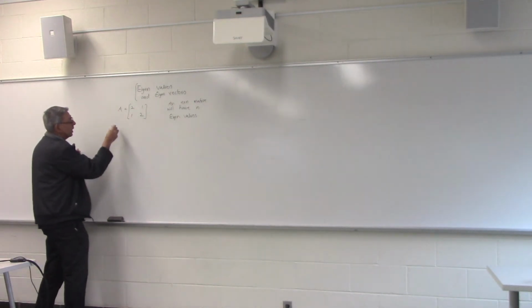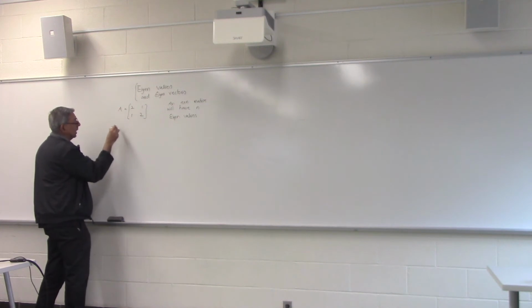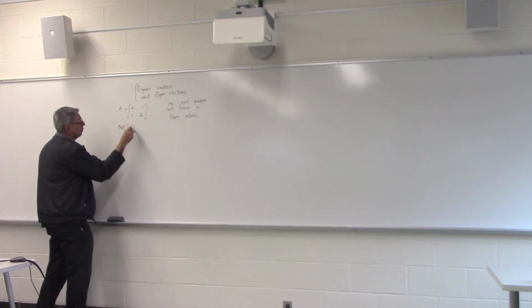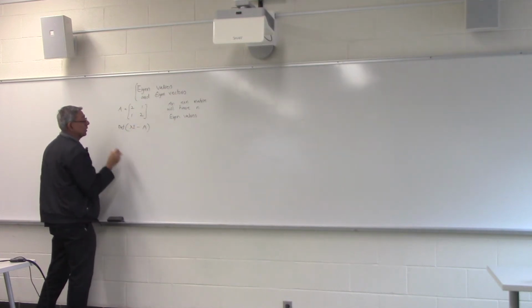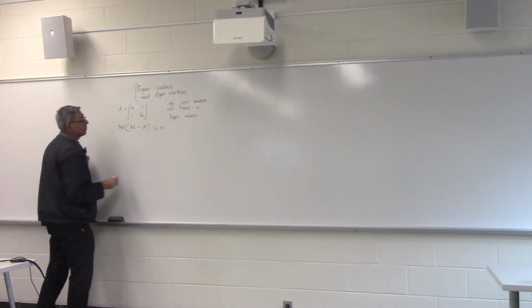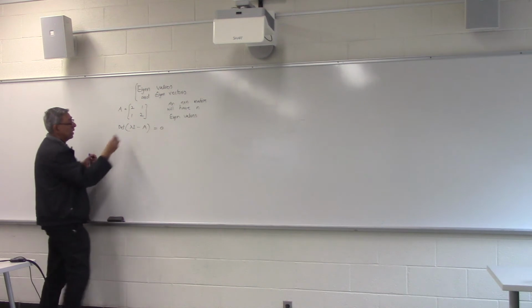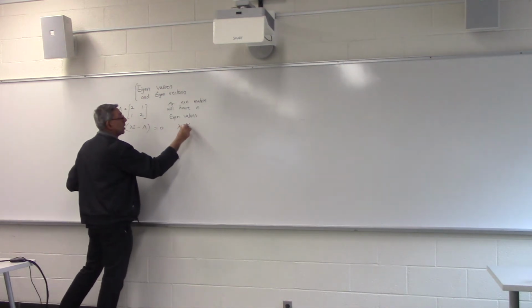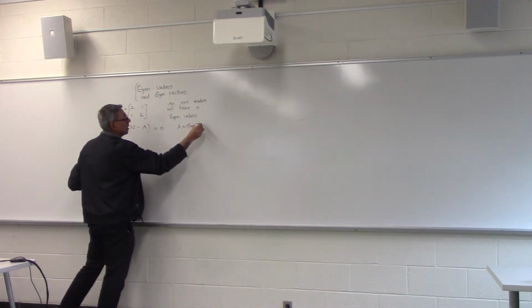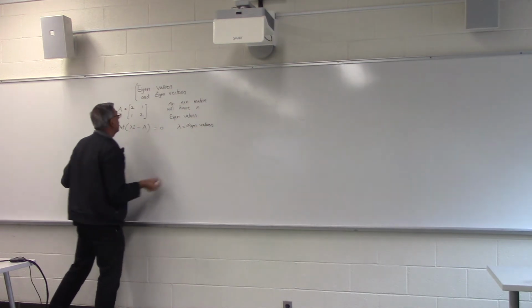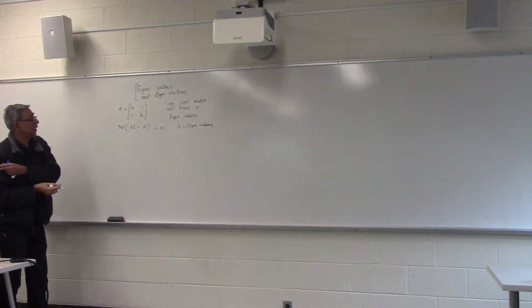The formula for calculating the eigenvalues goes like this. Take the determinant of lambda I minus the matrix and set it equal to 0. And lambda are the eigenvalues. Let's go through this very simple example.